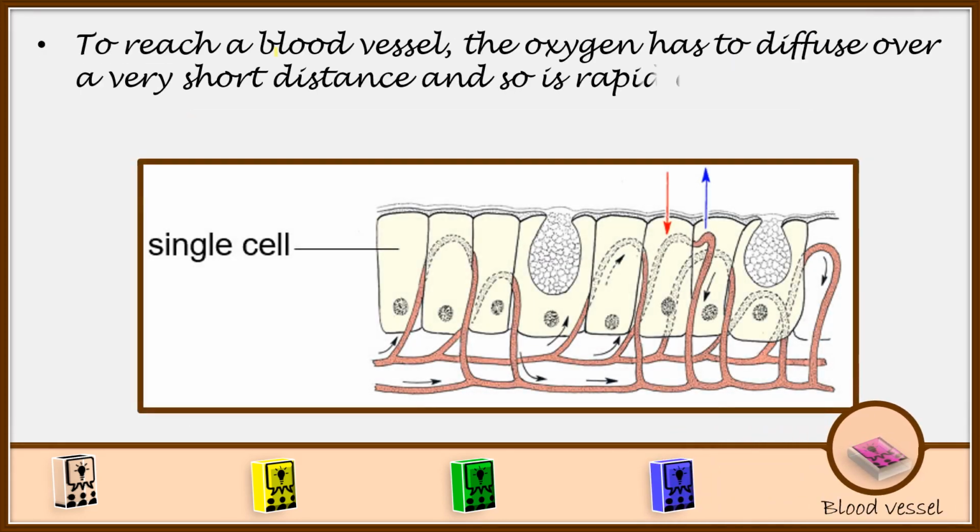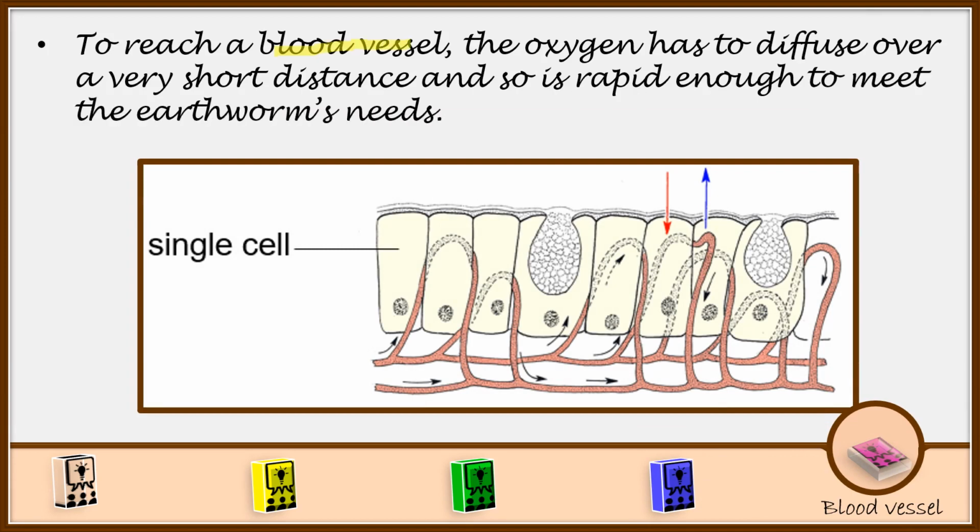To reach the blood vessels, the oxygen has to diffuse over a very short distance, and so it is rapid enough to meet the earthworm's need.